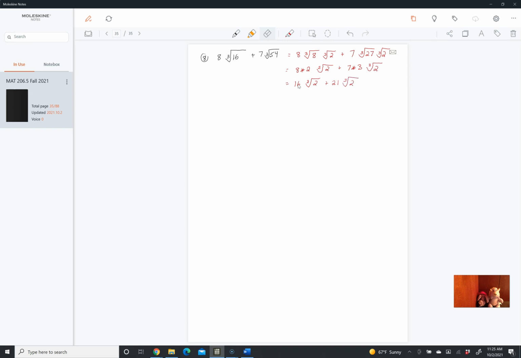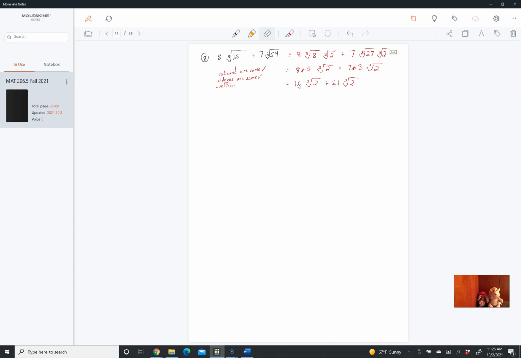So now the indexes are the same, and the coefficients are like terms. So radicands are the same. You're always asking yourself this. Index is the same. Now they are. Coefficients are like terms.